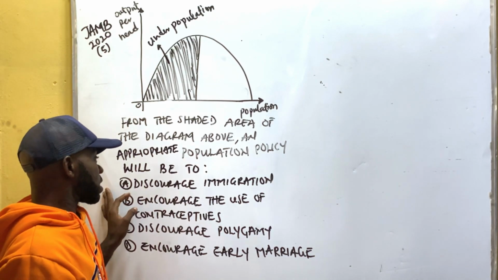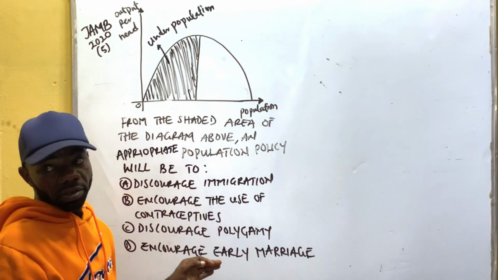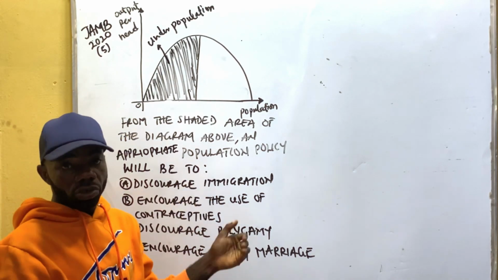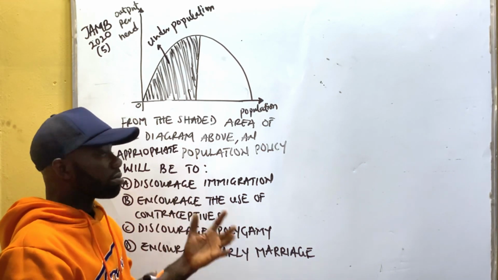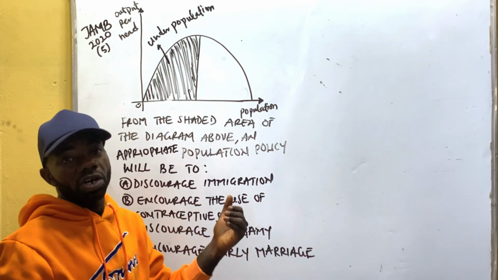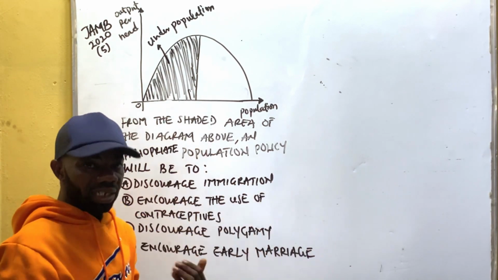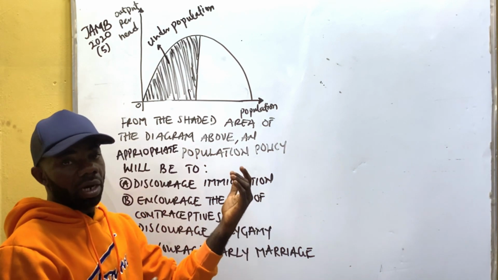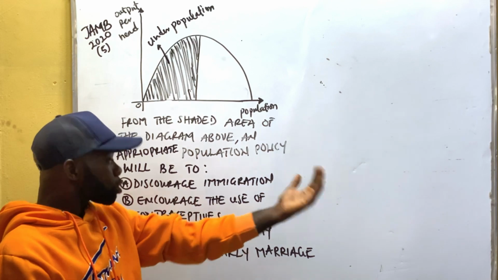The first one says discourage immigration. To discourage immigration means reduce the free process of allowing people to get into a country. So it's just the mobility of people into a country.